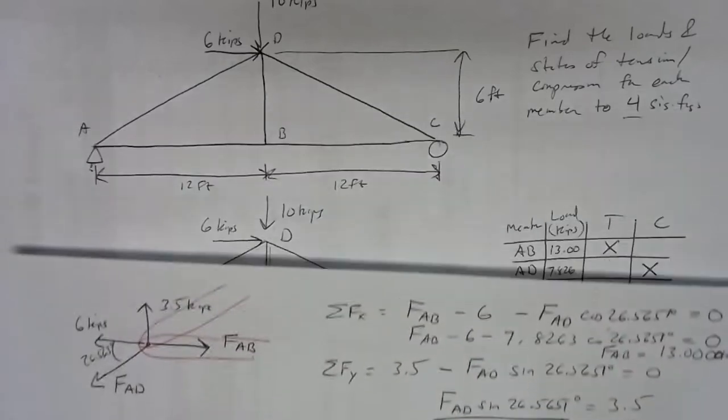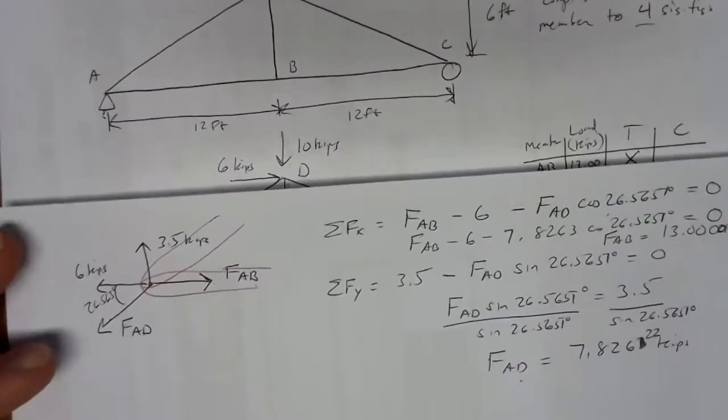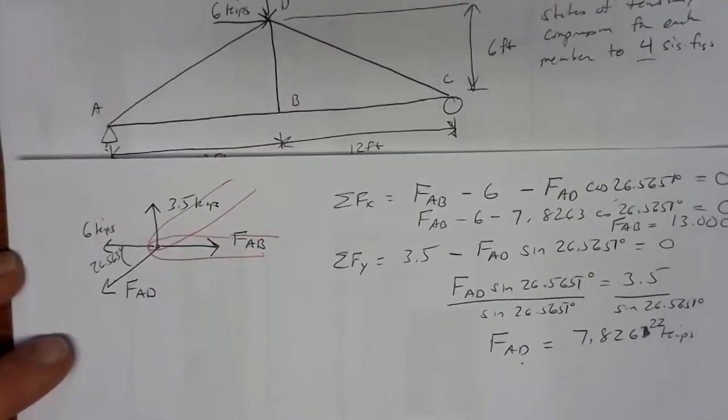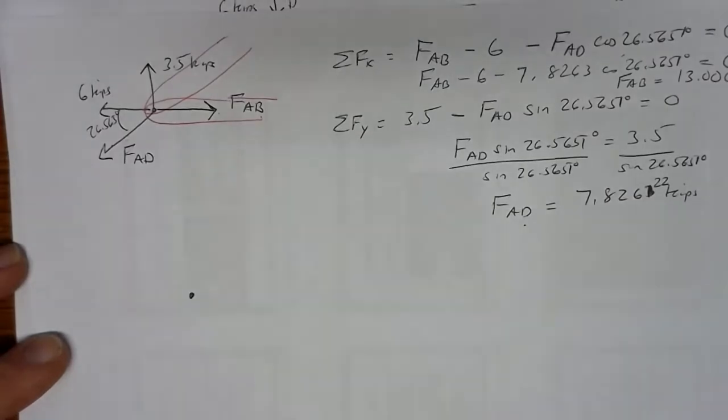So let's move on to the next joint, and I'd go to joint B next on that one. Joint B looks pretty simple since everything's at 90 degrees. Now let's see what the free body diagram looks like then. So if we go to joint B, there it is right there.